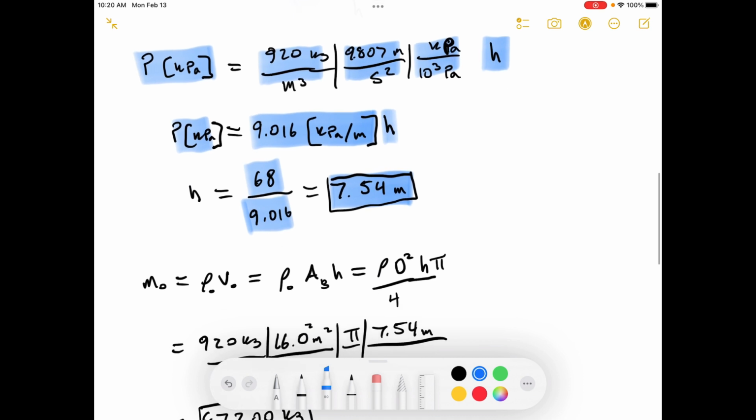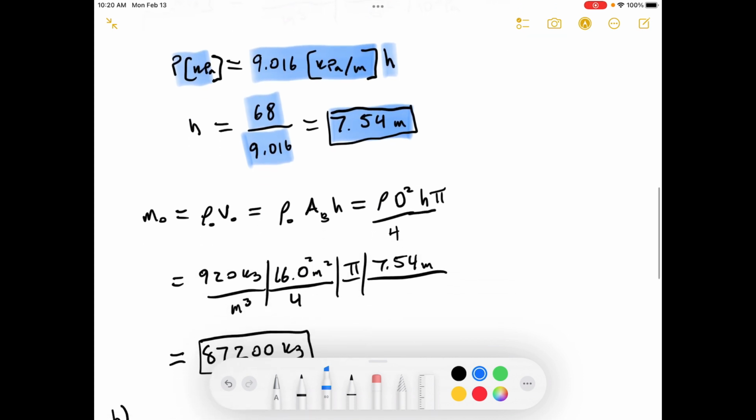Now they said, how much mass is that? Well, we know mass of oil is equal to density of oil times the volume of the oil. We know the volume of the oil is equal to the area of the base of the tank times the height of the oil. And we just calculated what the height was, so the area of the base is pi r squared, or pi times diameter squared divided by 4.